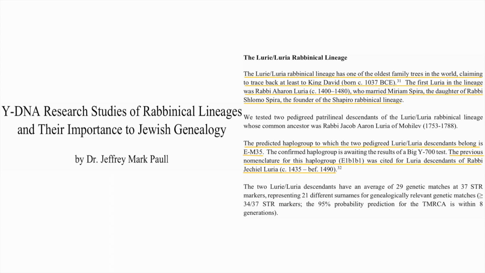The predicted haplogroup to which the two pedigreed Lurie descendants belong is E-M35. The previous nomenclature for this haplogroup, E1b1b1, was cited for Lurie's descendants of Rabbi Yechiel Lurie, circa 1435 through 1490.